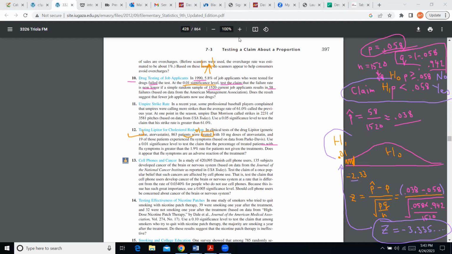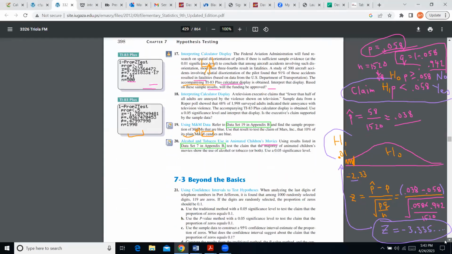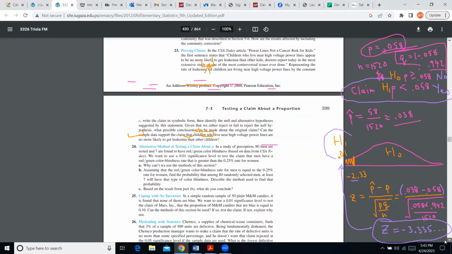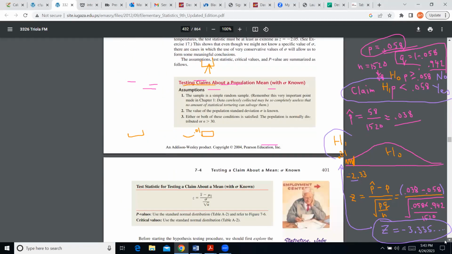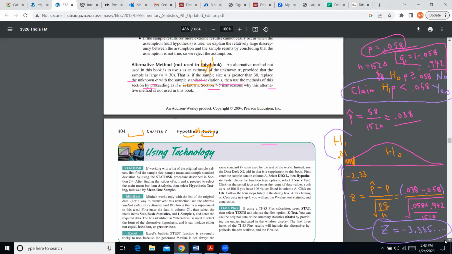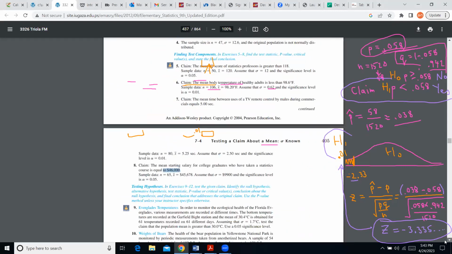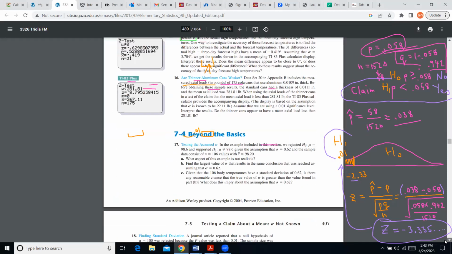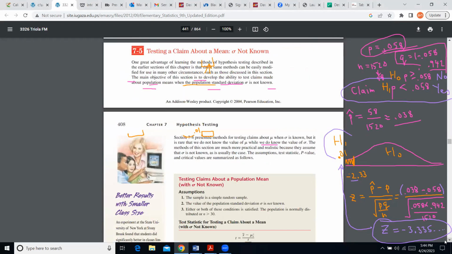So now the equation came from sections that I'm not covering for this class, because we did 7.3 and 7.4, and I told you not to worry about 7.5 and 7.6, because it turns out they deal with a different distribution, the T distribution.